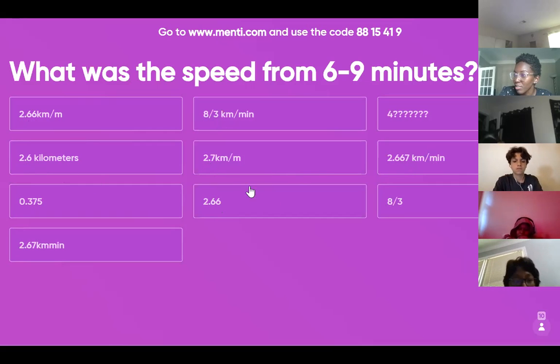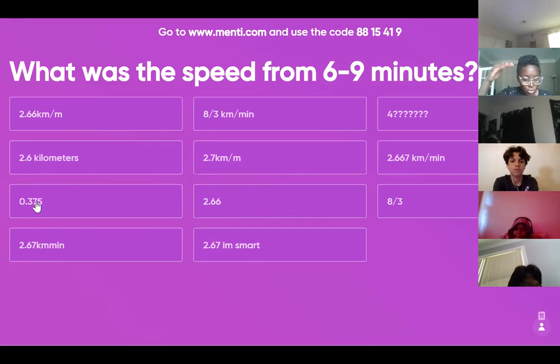These are all correct, okay? The 0.375, I'll have to look to see. You flipped it, okay? If you got the 0.375, you put your X's on top instead of your Y's. So instead of 8 divided by 3, you did 3 divided by 8, okay? That's all you have to fix.